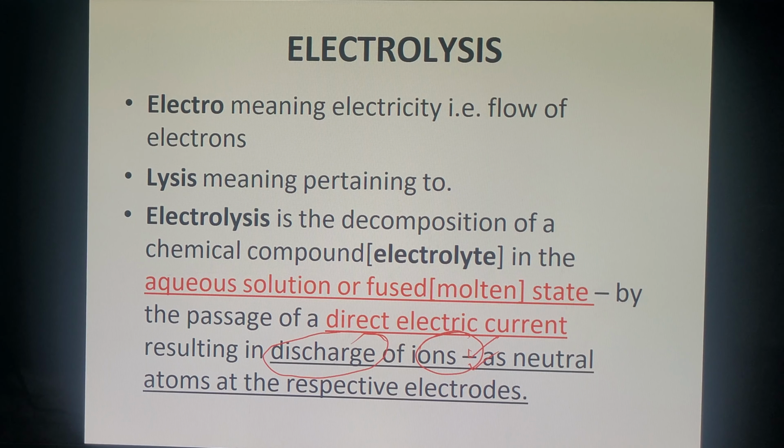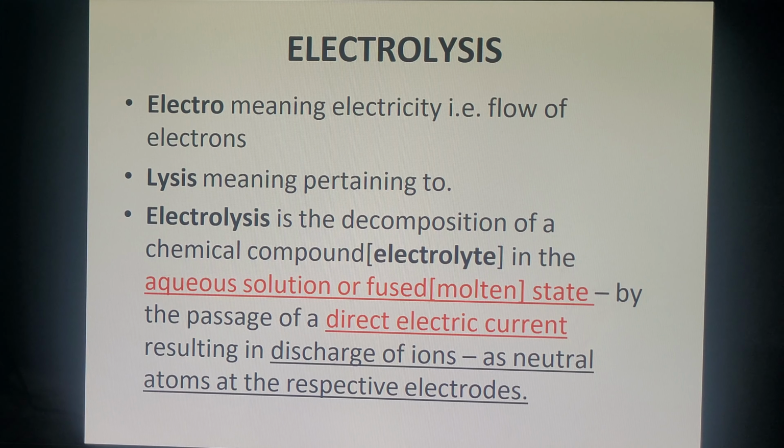That means it will result in the discharge. What's the meaning of the word discharge? Discharge means they should lose their charge. And as we know, ions are nothing but charged particles. If they lose their charge, they become neutral atoms.